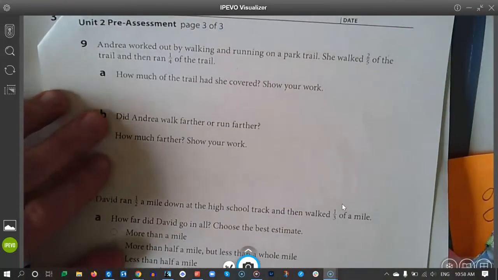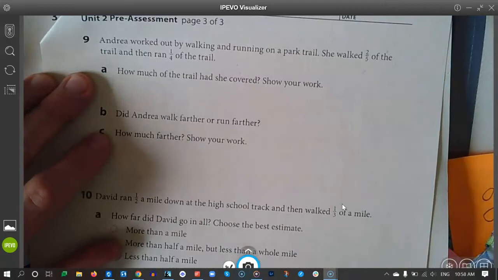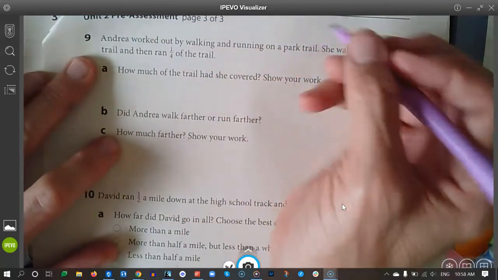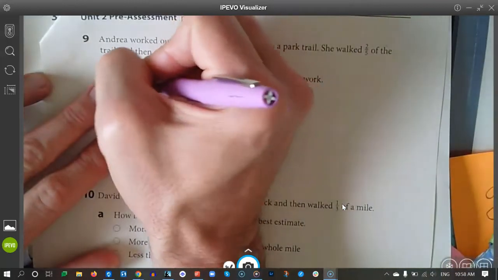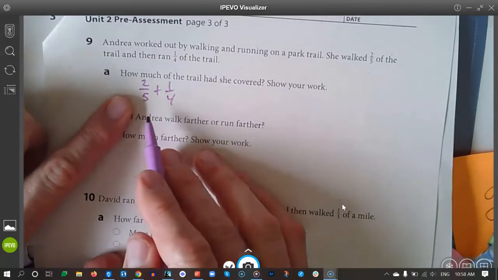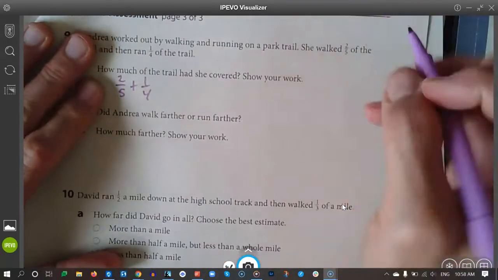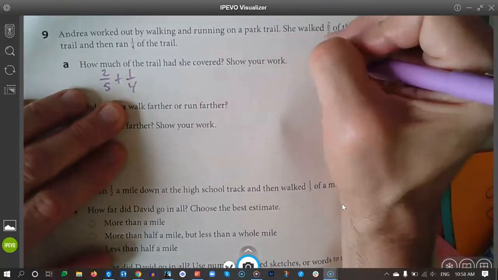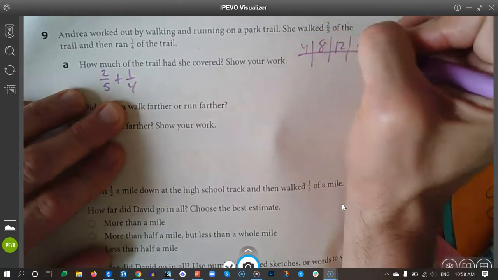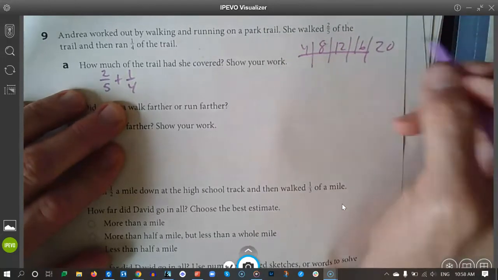Andrea worked out by walking and running on a park trail. She walked 2/5 of the trail and then ran 1/4 of the trail. How much of the trail had she covered? So she did 2/5, and then she went 1/4 more. So again, looking at those denominators, I got to change them. 4, 8, 12, 16, 20. No, it's just going to be 20, isn't it?